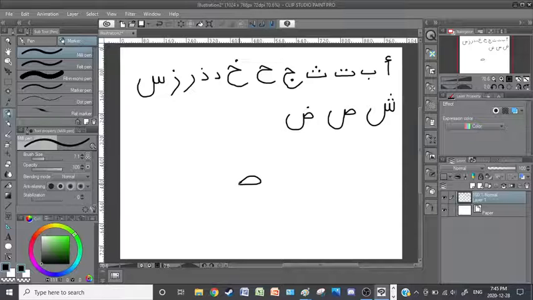Then from the contact point, you will extend it to the left, not too long. And from here, you will elongate it upwards. Try to keep the length moderate.